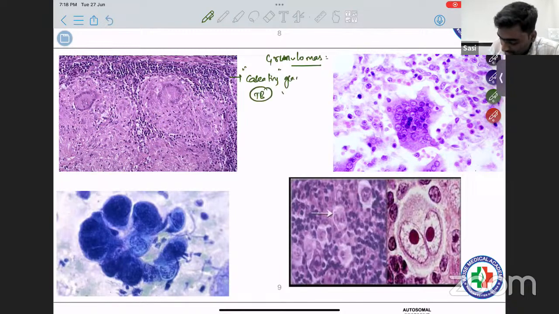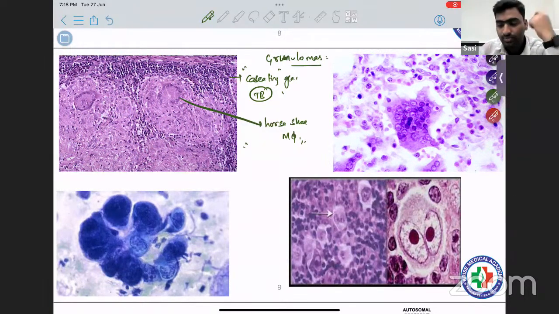And how will we identify it? Based on these horseshoe-shaped cells, horseshoe-shaped macrophages. And what is the name of the cells? They are Langhans cells. Yeah, sure, I will explain about this next, in the end part of our lecture. We'll just go on with the flow. Fine. What is the name of the cells?